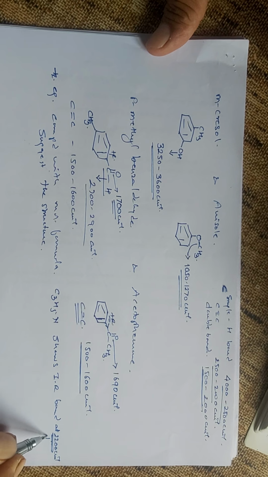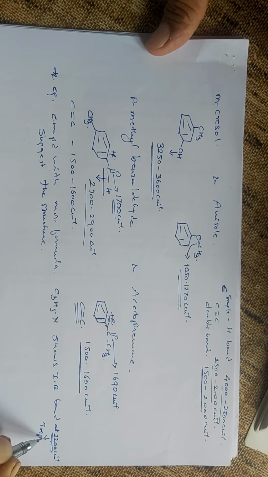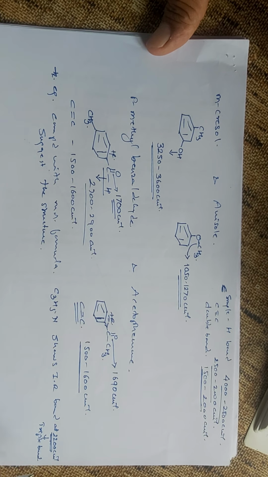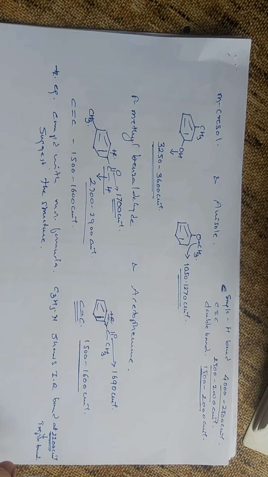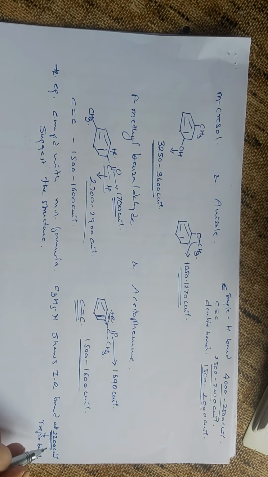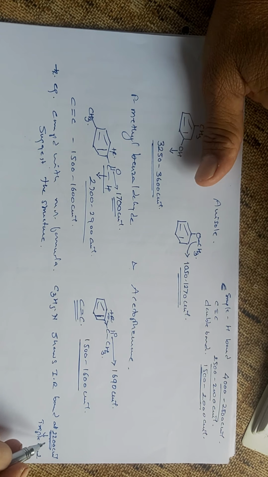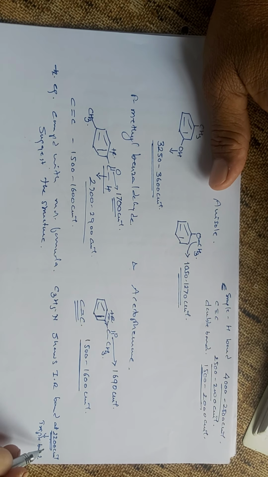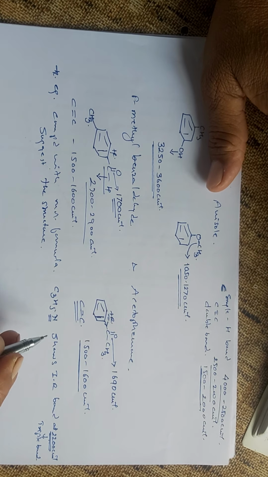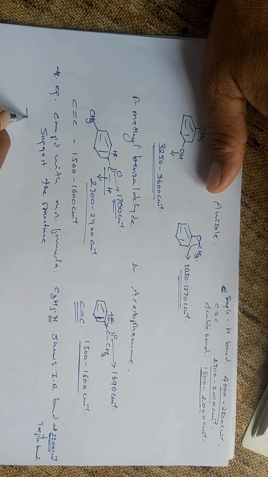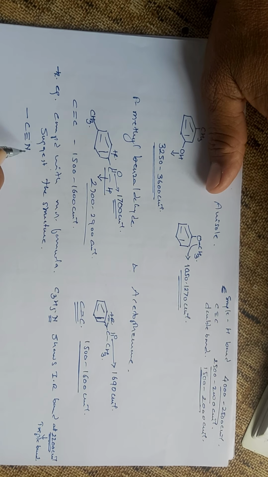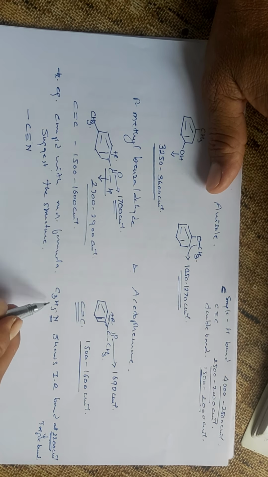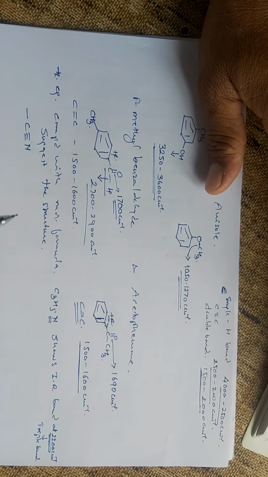This comes in the triple bond region, and the triple bond region shows the presence of carbon-carbon triple bond or carbon-nitrogen triple bond. But here there is a presence of nitrogen, so this indicates the presence of carbon-nitrogen triple bond. If one carbon and nitrogen are removed, what remains? C2H5.